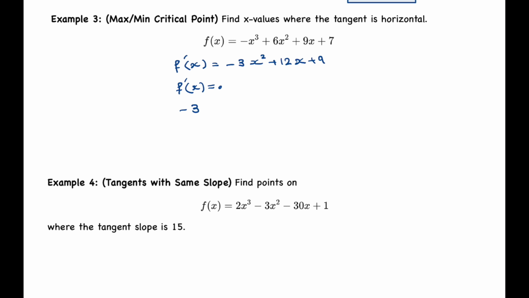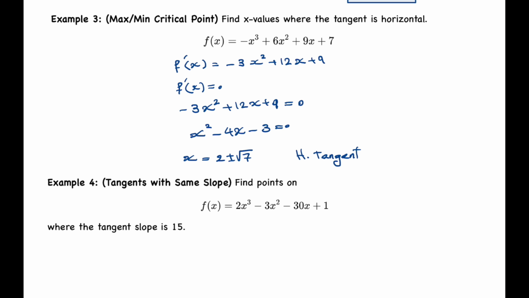Let's divide everything by -3 to make it easier. x^2 - 4x - 3 = 0. Now solve with the quadratic formula. x = 2 plus or minus the square root of 7. So the tangent is horizontal at x = 2 + √7 and x = 2 - √7.